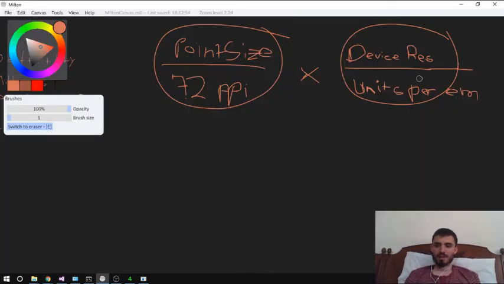Yeah, because this is the device and this is the units per em defined on the original resolution. This is like the original.